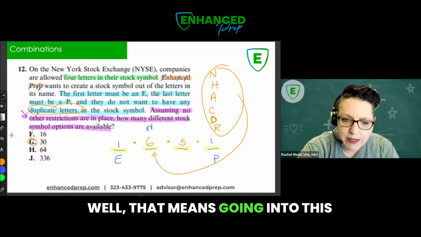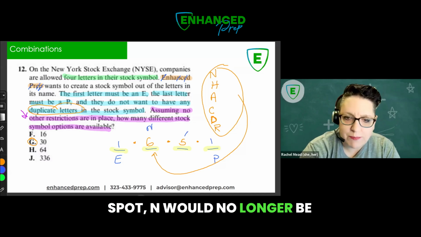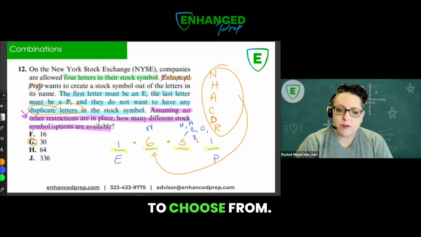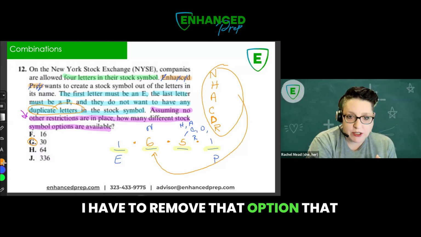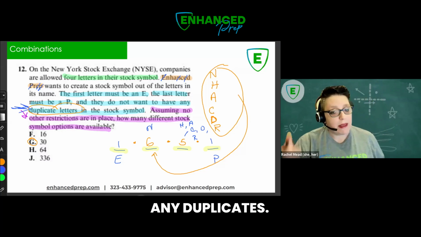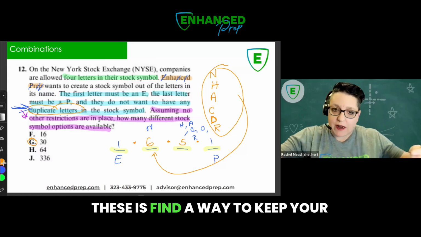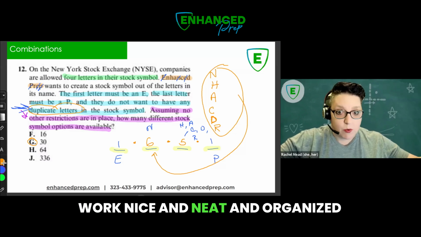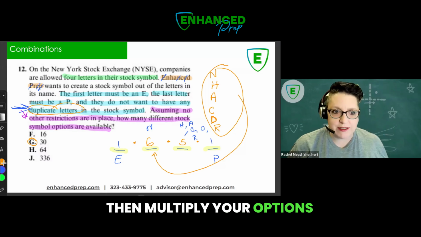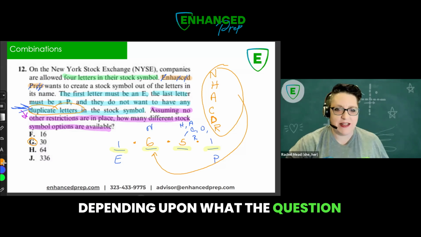Well, that means going into this spot, N would no longer be available, and I'd have H, A, C, D, and R left to choose from. I have to remove that option that I've already used when I don't want any duplicates. Biggest thing to remember with these is find a way to keep your work nice and neat and organized with those line placeholders, and then multiply your options depending upon what the question lays out for you.